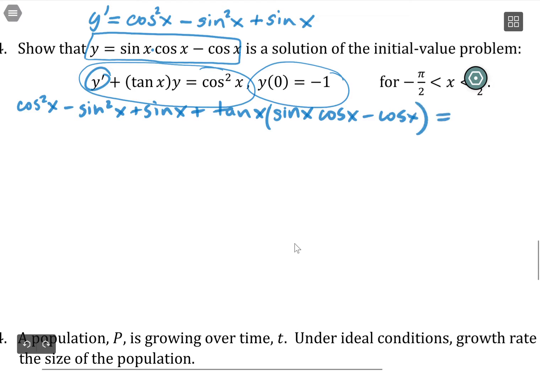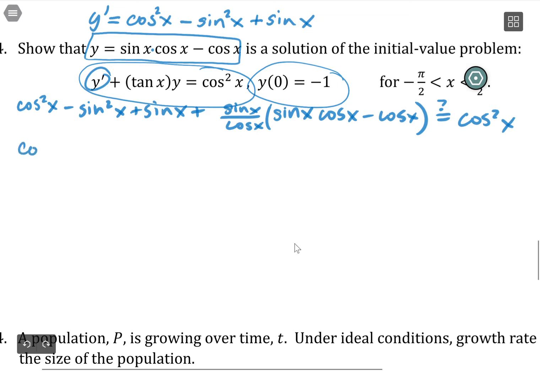And I want to know, does that equal cosine squared of x? So this is like a trig identity problem coming back to haunt you. I would say that I'd probably like to start by distributing this tangent x through, and I would love it if we remembered that tangent is sine over cosine.